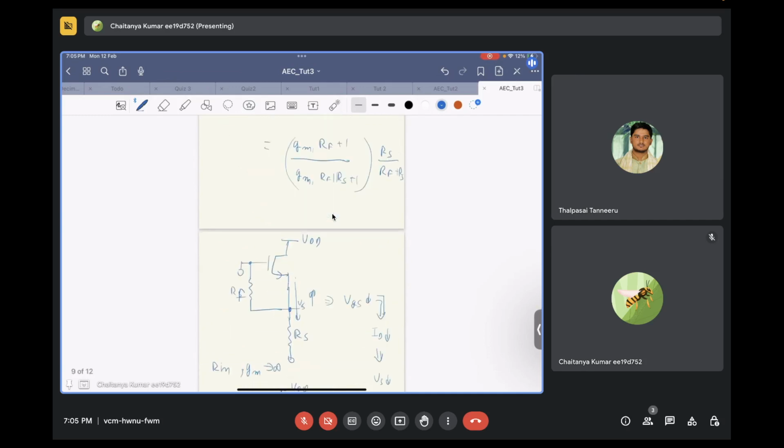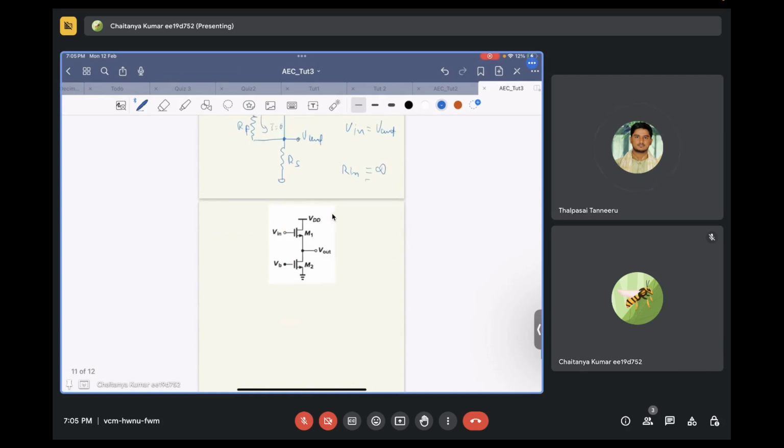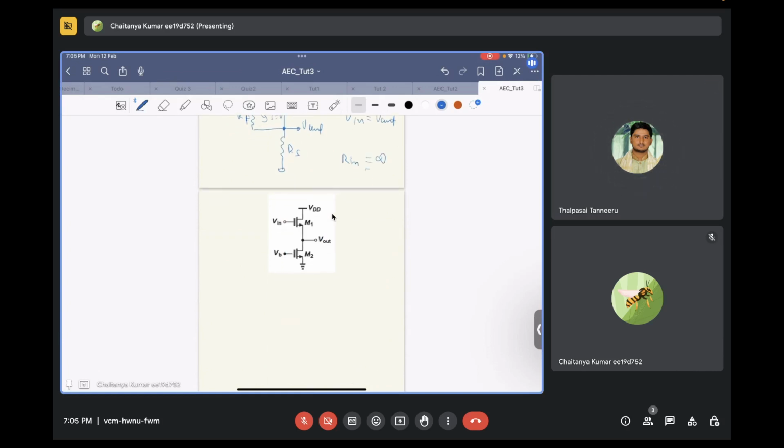Otherwise, you would have found the looking in impedance in terms of RF and then taken the limit as RF tends to infinity. But if you know this technique, it will save you so much algebra. Do you understand? Yes, sir. Okay. So the next question is this.